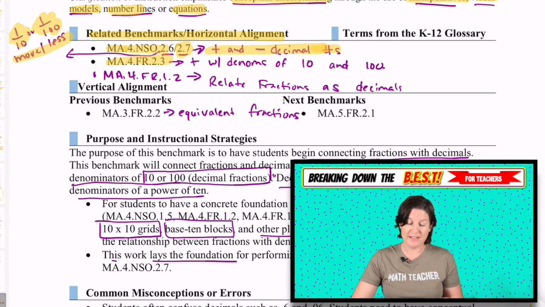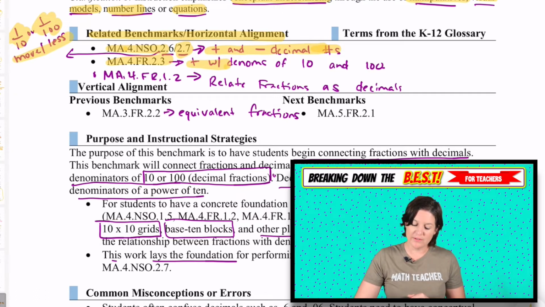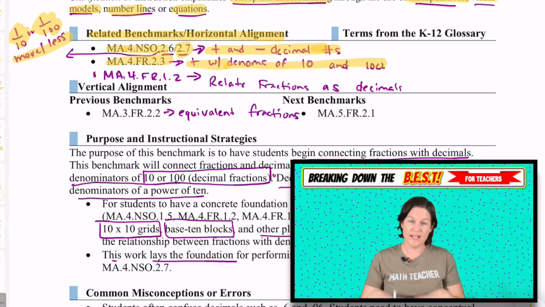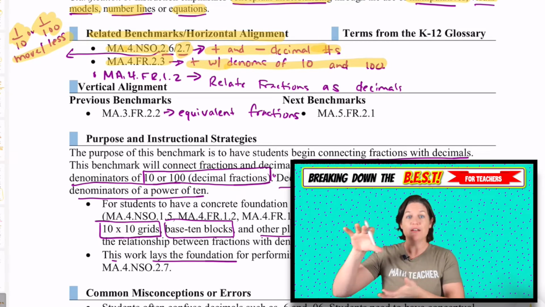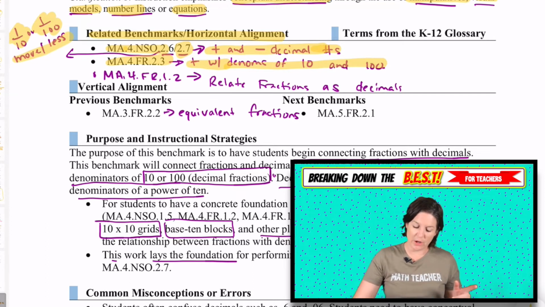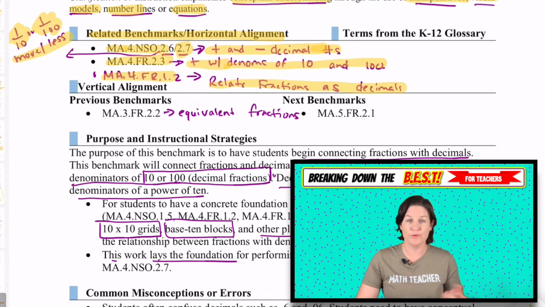We also have MA.4.FR.2.3, which is adding with denominators of 10 and 100. What we do here with this standard today, understanding it, will really help us to level up to that 4th grade FR.2.3 standard. And also, there's this one right here, 4.FR.1.2, which is relating fractions as decimals and vice versa.